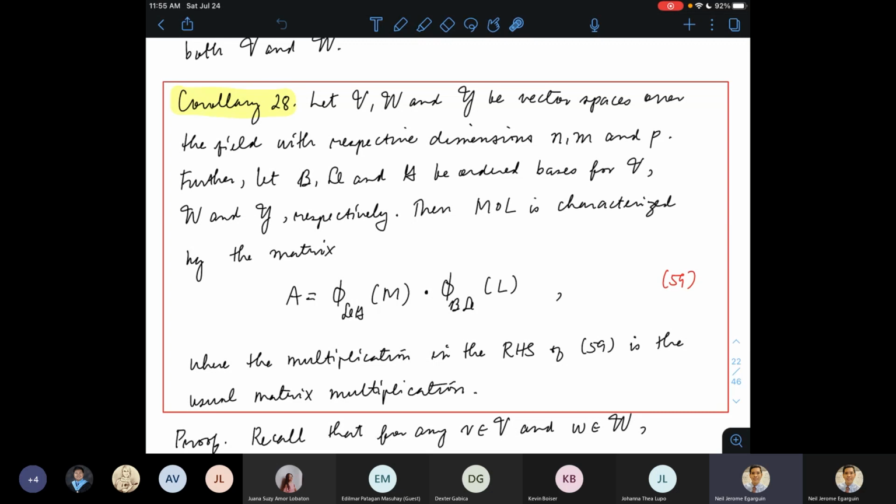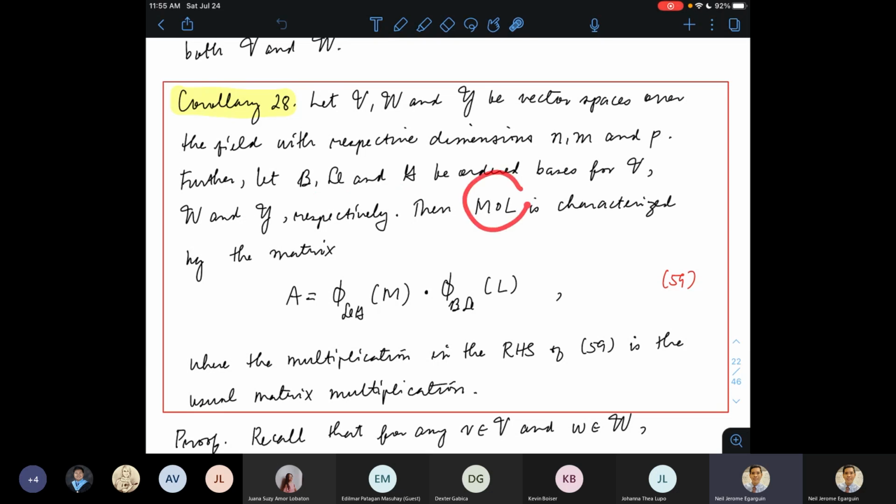Okay. Now, corollary 28 gives us a representation for the composition of two linear transformations. So we'll start with three vector spaces V, W, and Y with appropriate dimensions n, m, and p respectively. And then we choose ordered bases B, D, and G for them respectively.